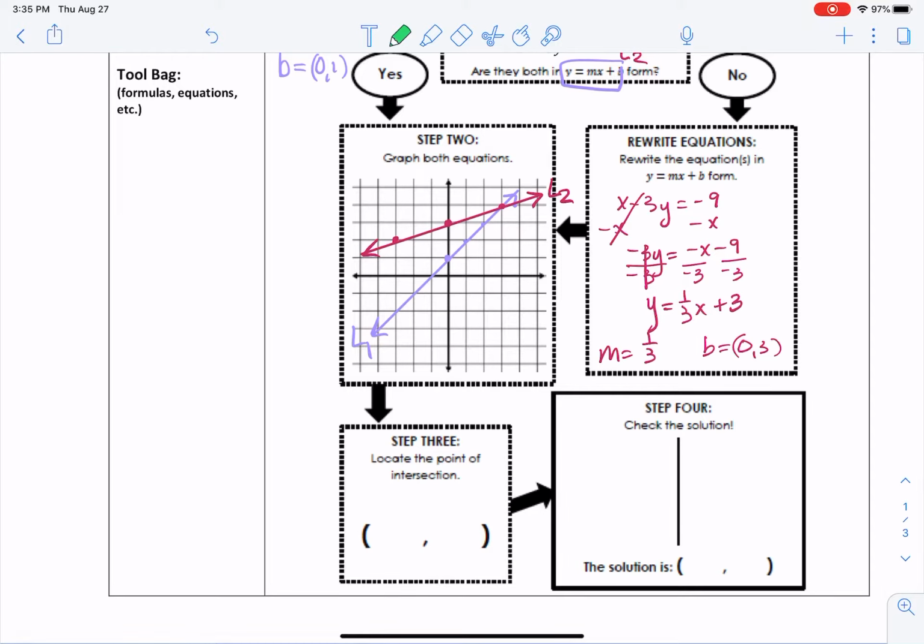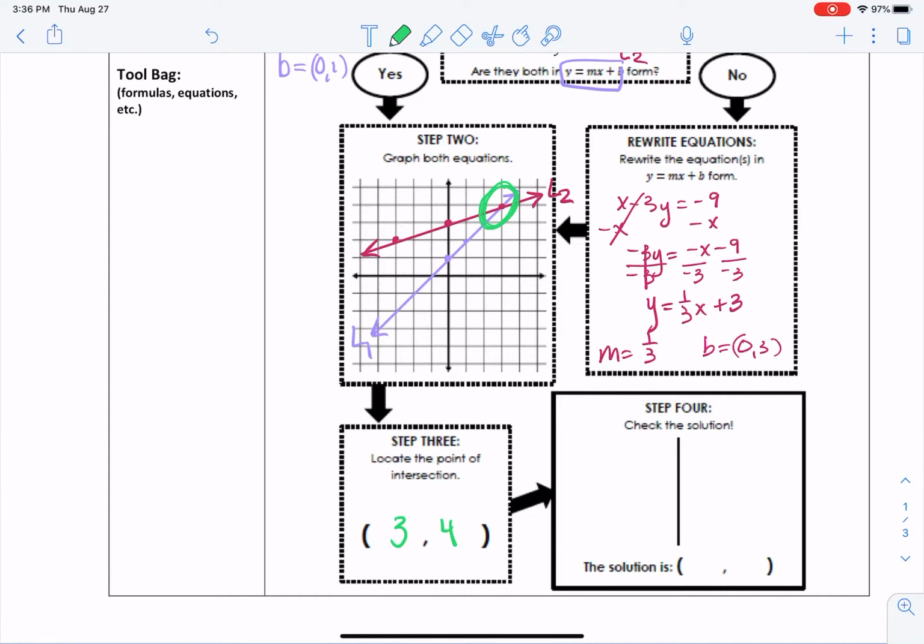If you look, you can see right here where the lines intersect. And that is the point (4, nope, I did it backwards, (3, 4), because we go over 3 and up 4.